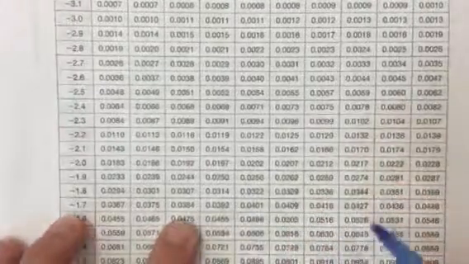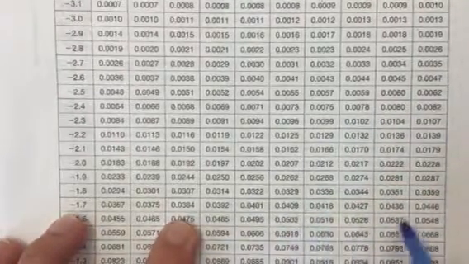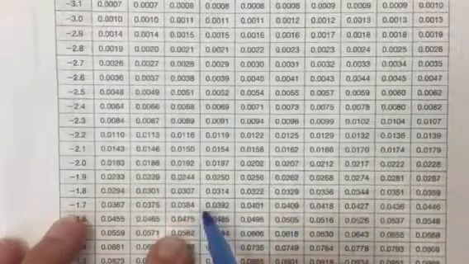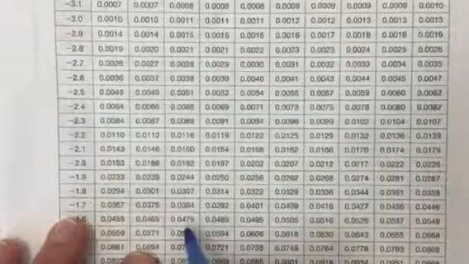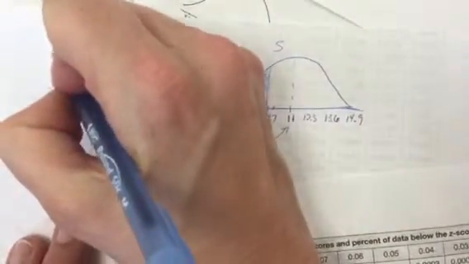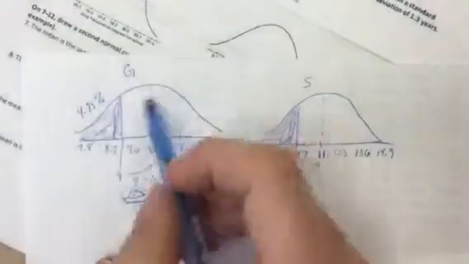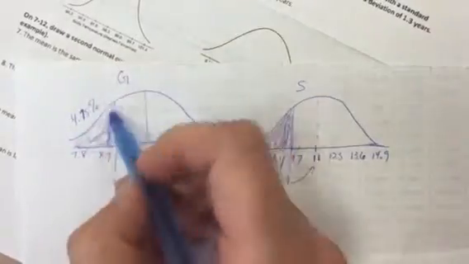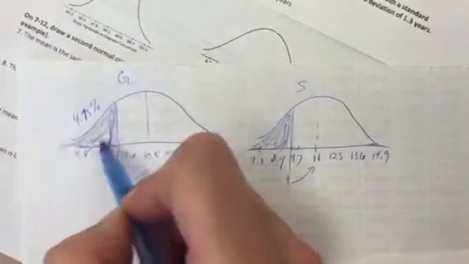So really it counts backwards this way, right? 0, 1, 2, 3, 4, 5, 6, 7. So here, 4.75%. So for Grange, 4.75% fall below.